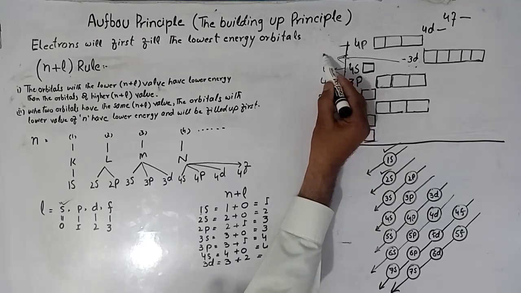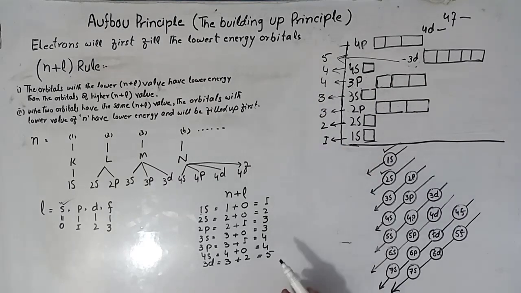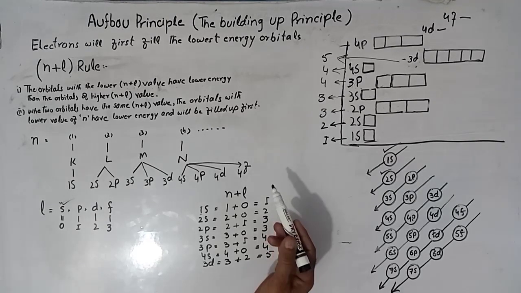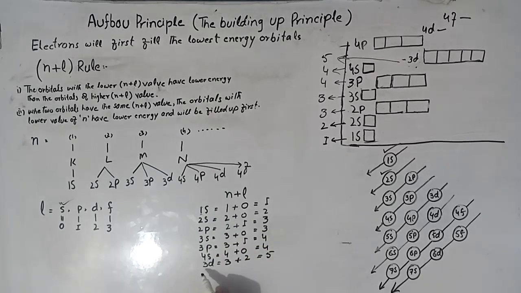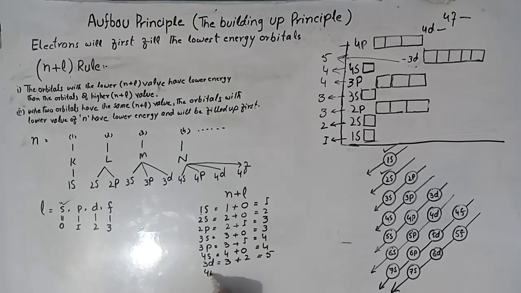So 5 is its value. Now it is clear that the value of 4s is 4 and the value of 3d is 5. And for 4p, the value is 4 plus 1, again its value is 5.